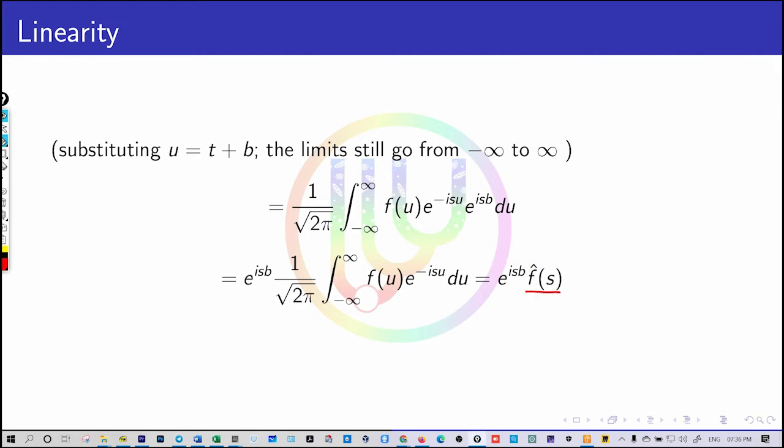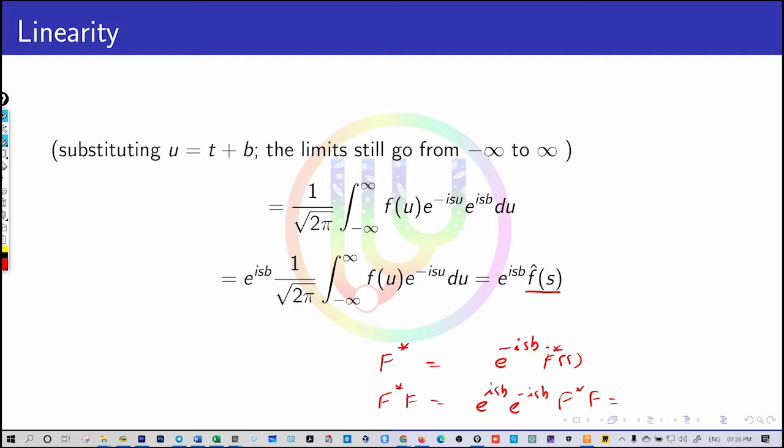Now what if you take the F star? It will be e raised to minus i s b F star of s. Then F star times F is equal to e raised to i s b times e raised to minus i s b times F star F.